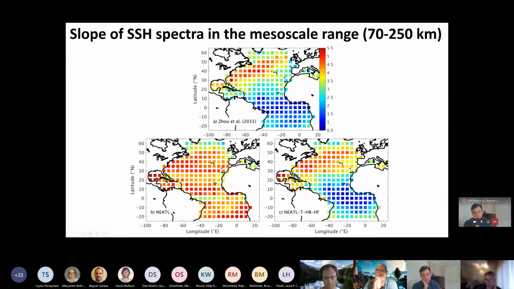And when we have the tides and subsample, I mean, all those are subsampled along the altimetry track, you start to see that you have a very good match between the observation and the numerical simulation with tides.